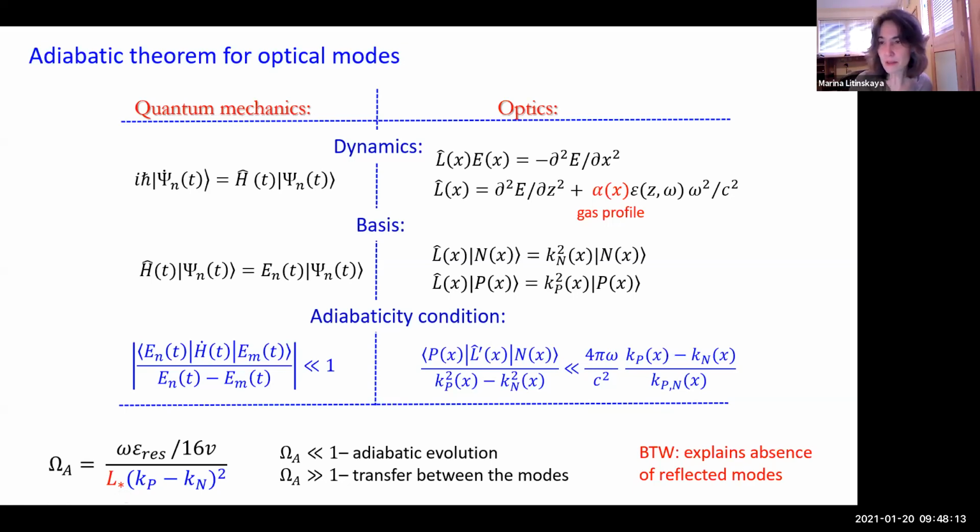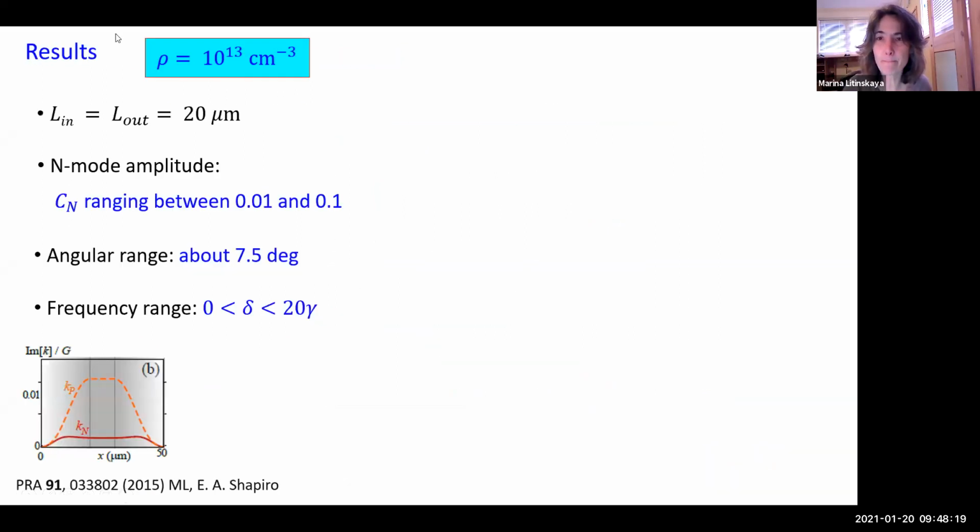And here are the results. This is something we are really proud of. This is the density which is available in the lab. So our proposal works for the densities available in the majority of labs.